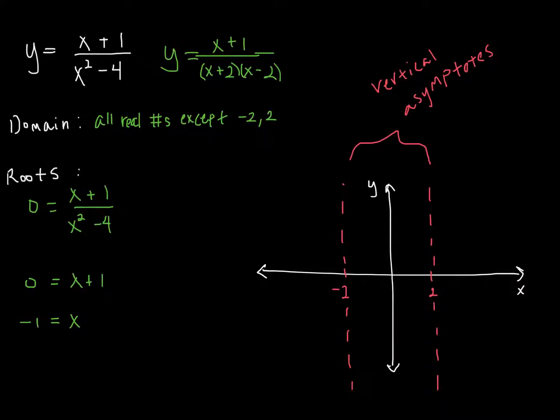Now the other way to think about this is just go ahead and solve it algebraically. If you have a rational expression, you need to get your denominator kind of out of the way. You don't want to be solving for x when x is in your denominator. And so you can multiply both sides by x squared minus 4.